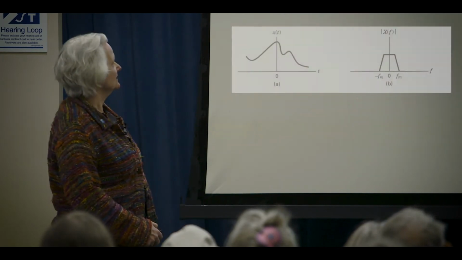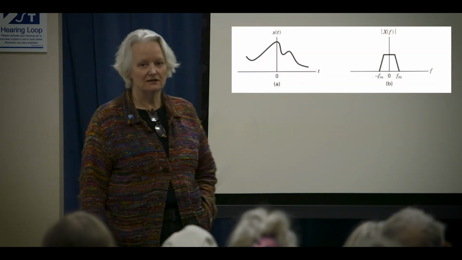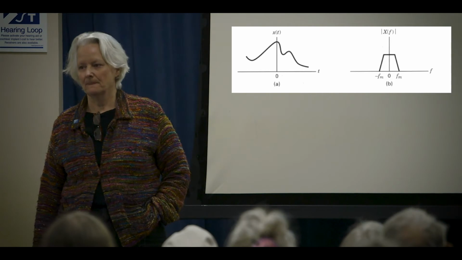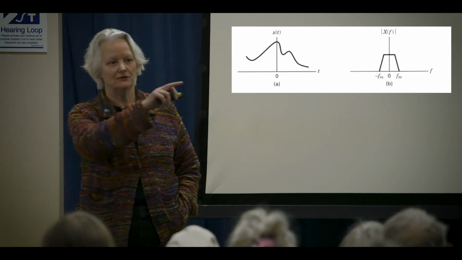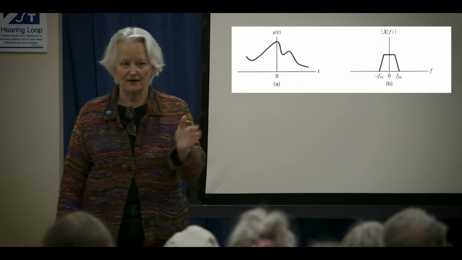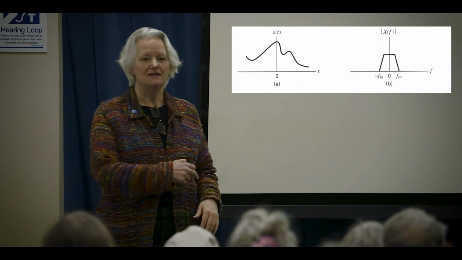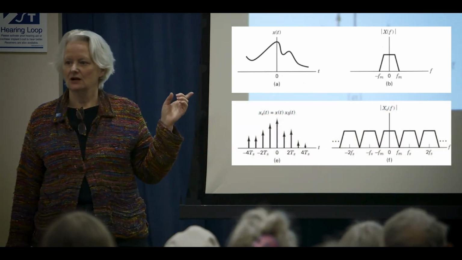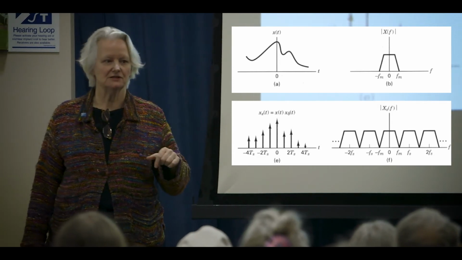So what happens when sampling happens? It's kind of magical, actually. If I took a look at some generic time domain signal that has some finite bandwidth, and I sample it at whatever rate I'm supposed to, the act of sampling causes that signal to duplicate in the frequency domain.